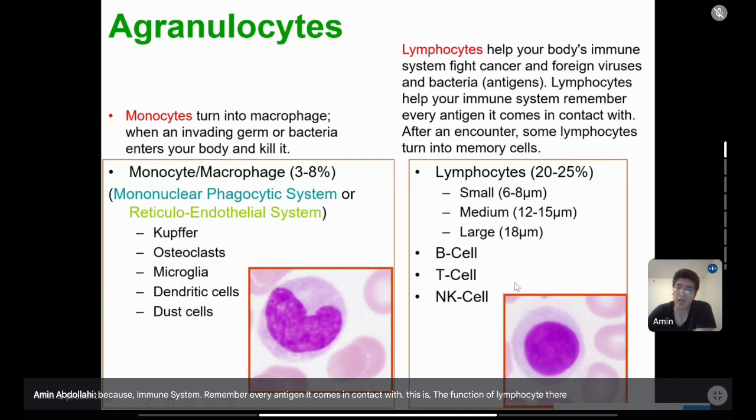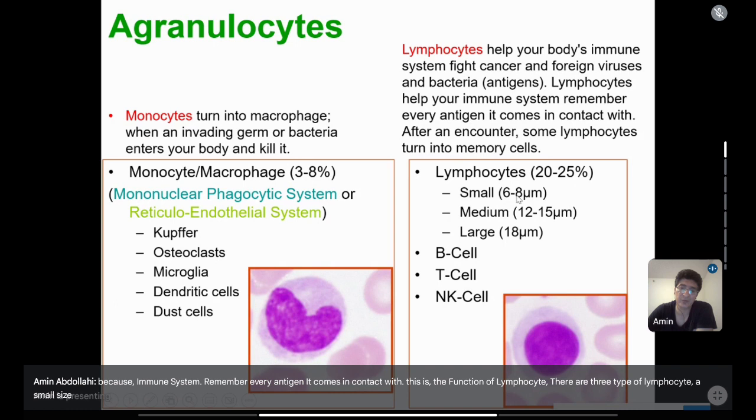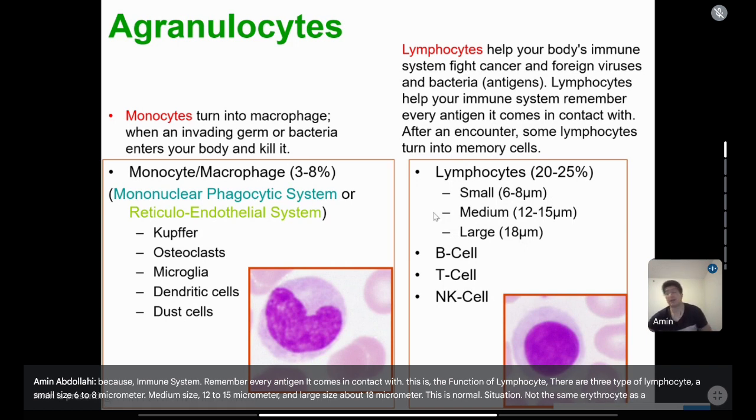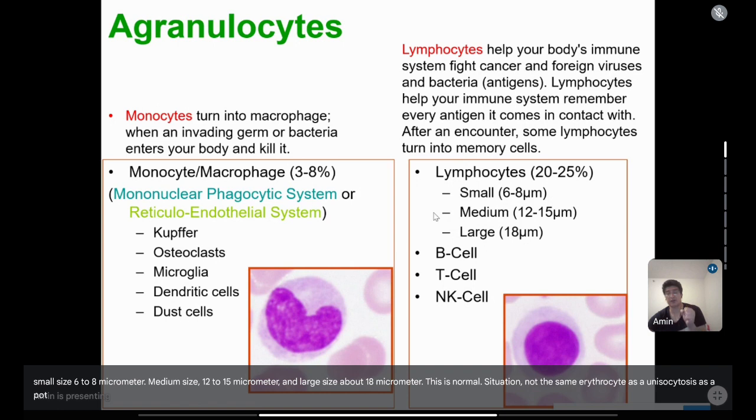There are 3 sizes of lymphocyte. A small size, 6 to 8 micrometer. Medium size, 12 to 15 micrometer. And large size, about 18 micrometer. This is a normal situation, not the same as erythrocyte anisocytosis, which is a pathological condition.